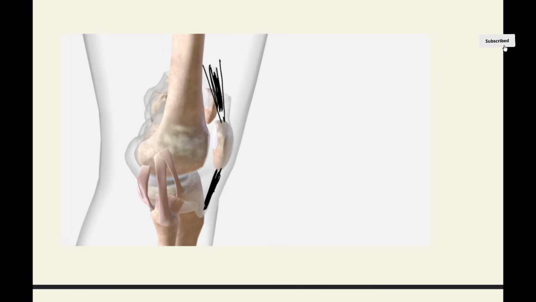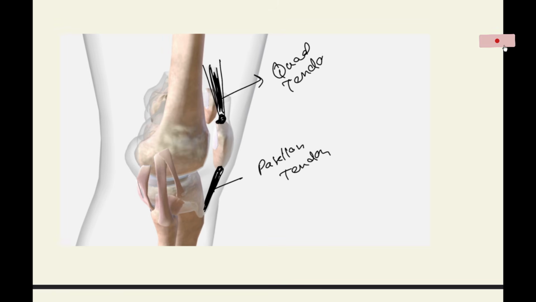The quadriceps tendon attaches to the base of the patella, and from the apex it is your patellar tendon. So a sesamoid bone gives attachment to the tendon.